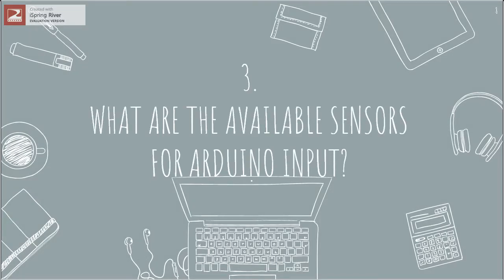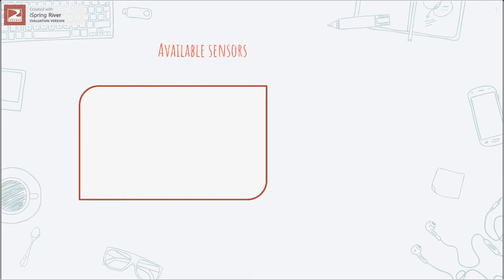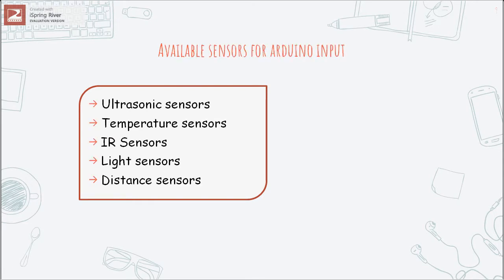Question 3. What are the available sensors for Arduino input? Okay, there are examples of available sensors for Arduino input. First is ultrasonic sensors, second temperature sensors, third IR sensors, fourth light sensors, and last one is distance sensors.